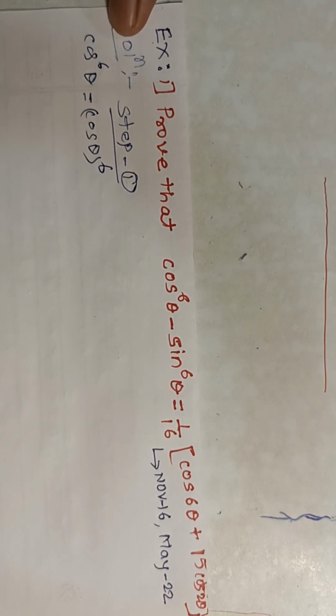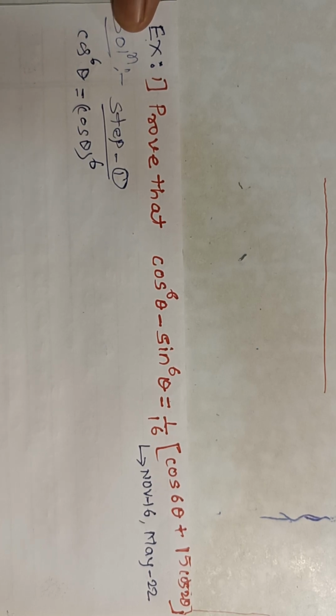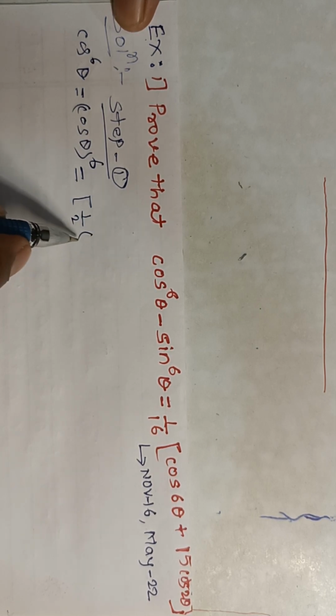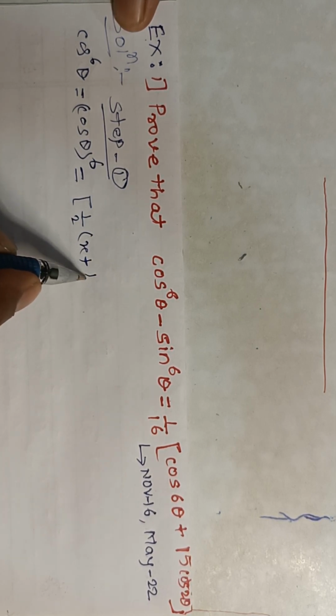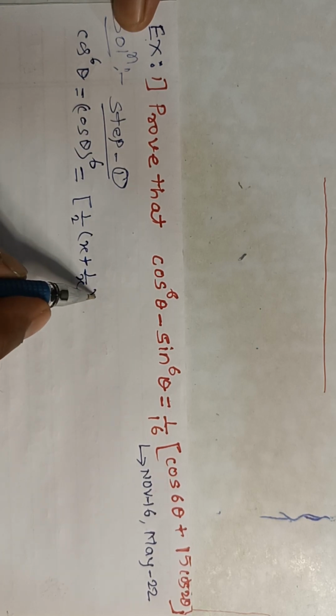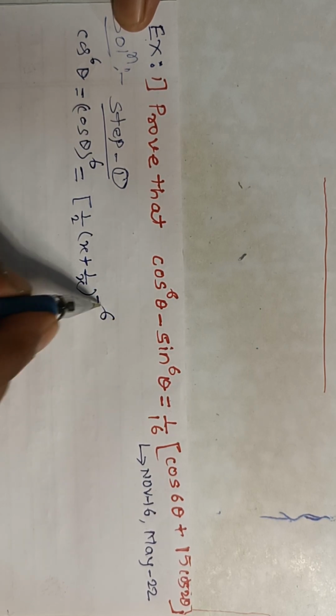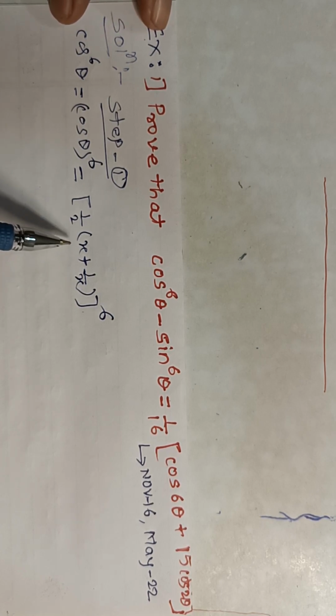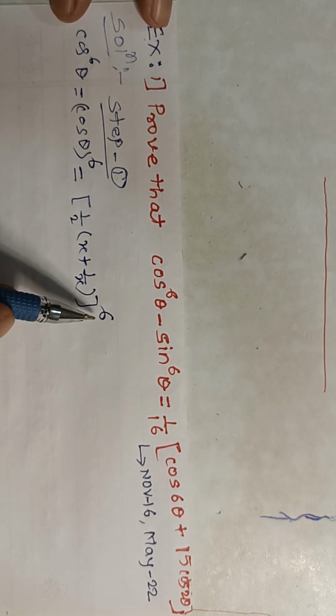Then cos theta is nothing but 1 upon 2 into bracket x plus 1 upon x, to the power 6. Now we have to expand this x plus 1 upon x to the power 6.